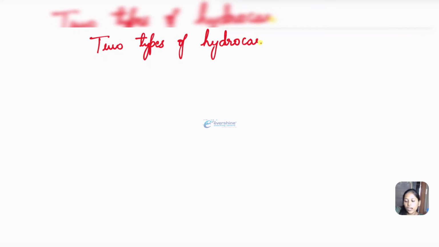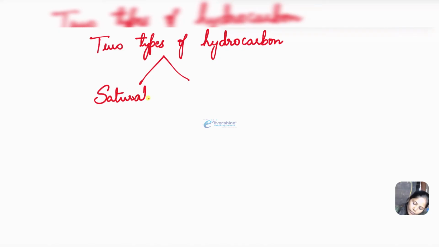There are 2 types. What are the 2 types of hydrocarbon? Saturated hydrocarbon and unsaturated hydrocarbon.